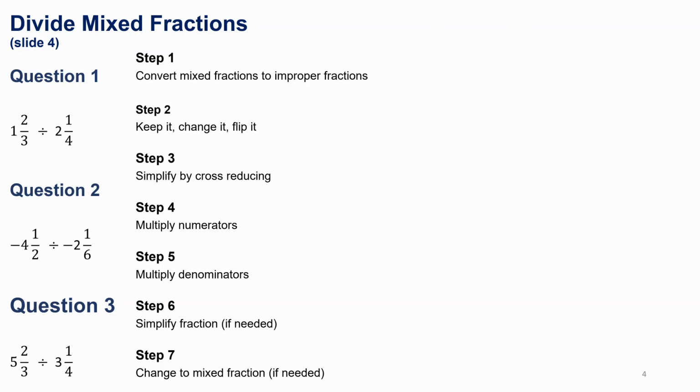Let's take a look at the final question now, which is going to be 5 2/3 divided by 3 1/4. So again, our initial step is the same in that we're changing our mixed fractions to improper fractions here.